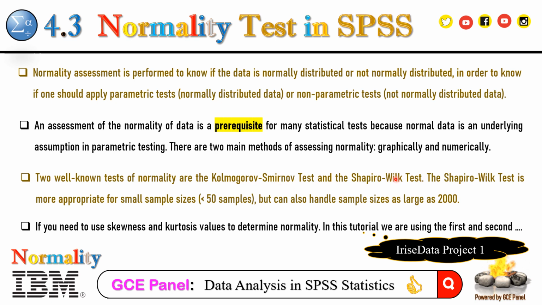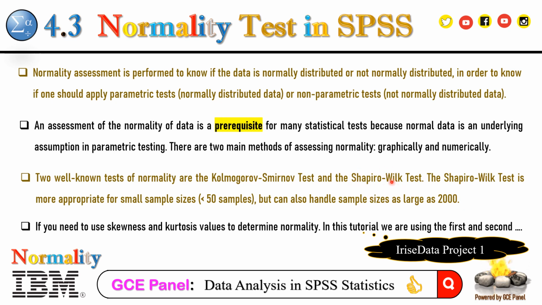Most of these tests come in pairs. If you are using skewness and kurtosis to describe normality, you work with just those values within a particular range, or you can use the Kolmogorov-Smirnov and Shapiro-Wilk tests. The second one is more accurate.